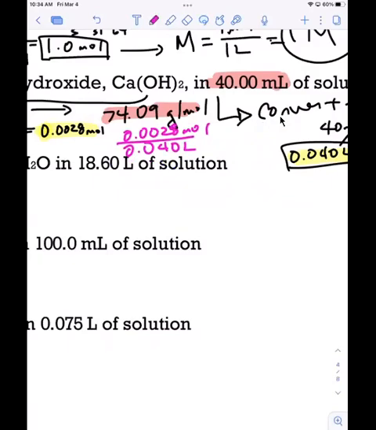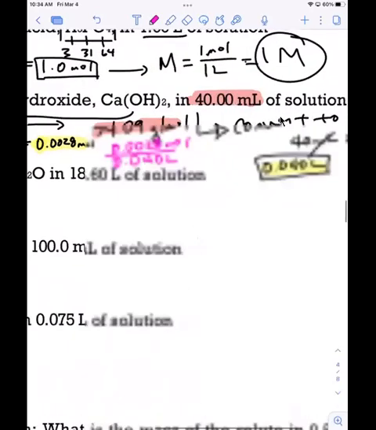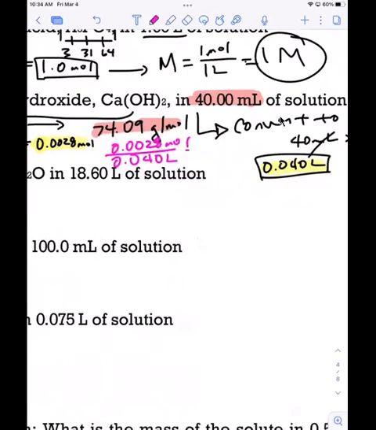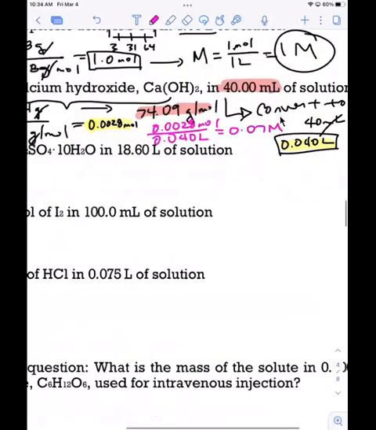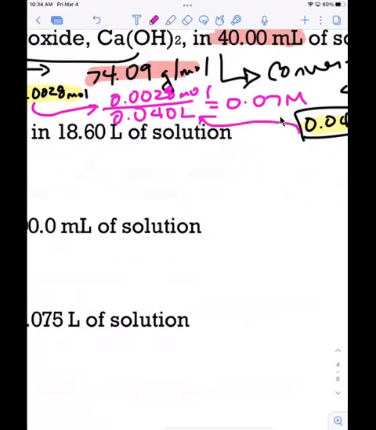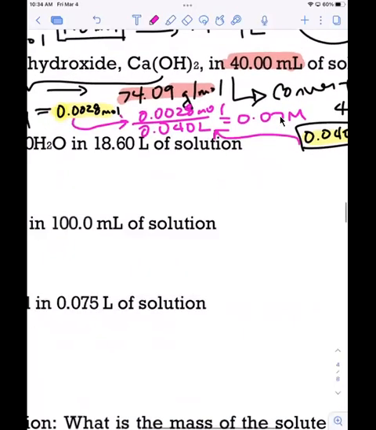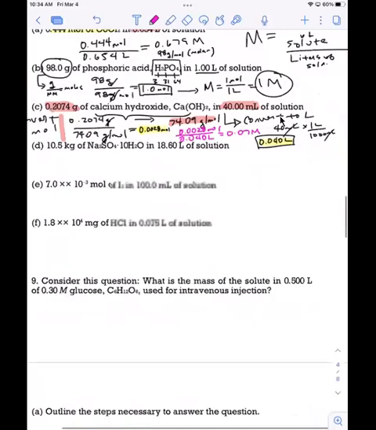I'll shrink some of this down and clean it up before I post it. So 0.07 M. We took this number that we calculated here, and this number that we calculated here, and got moles per liter.